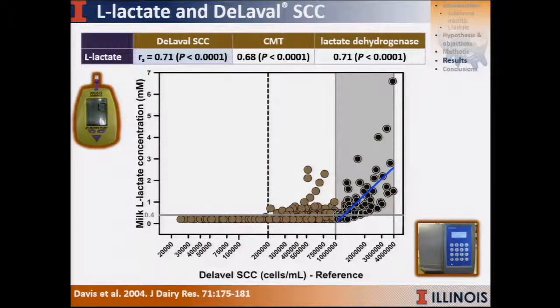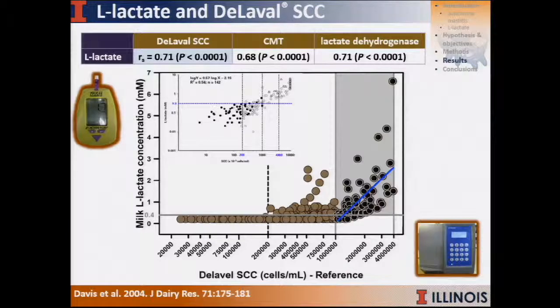So for the results, as you can see, this is a scatter plot characterizing the relationship between the DeLaval somatic cell count and milk lactate concentration. You can see that the Lactate Plus handheld meter started to correlate excellently with milk lactate concentration, which supports the earlier finding.